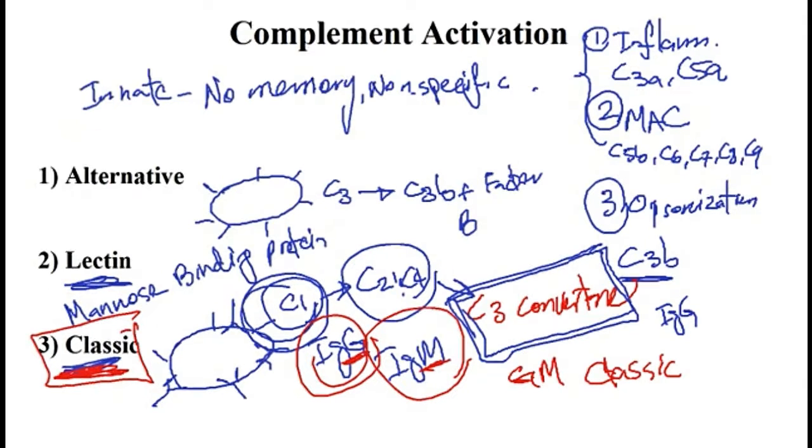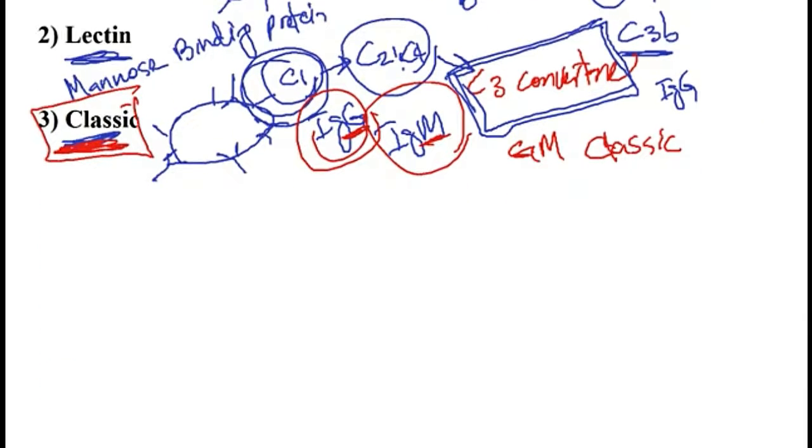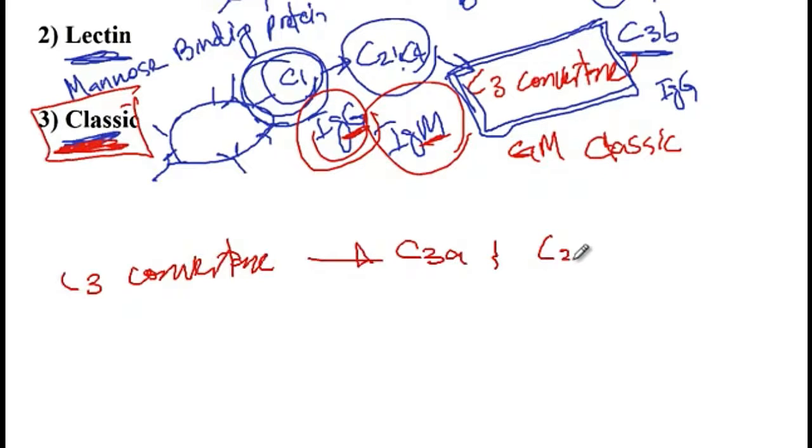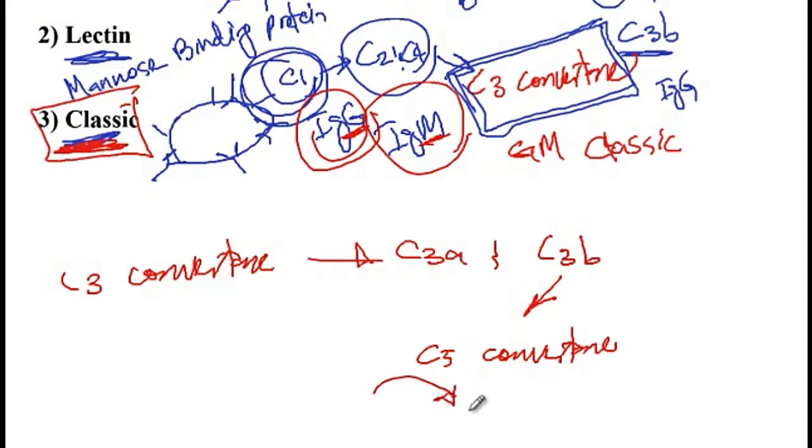Now from here on, once the C3 convertase is activated, it will act on the C3 molecules to form C3a and C3b. And then C3b will later on lead to the activation of the C5 convertase, which will cause the conversion of C5 into C5a and C5b.